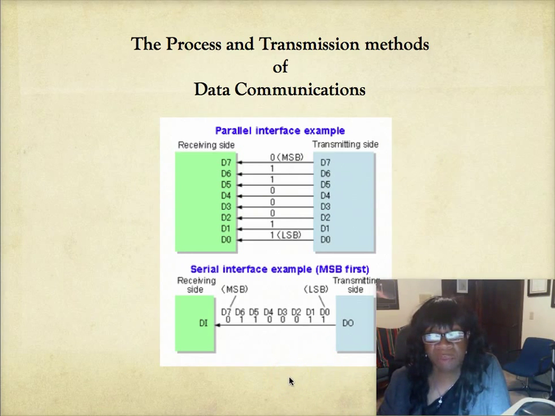In parallel transmission, multiple bits, as you can see displayed here, are sent simultaneously instead of bit by bit, as in serial transmission, therefore making parallel transmission much faster than serial transmission.